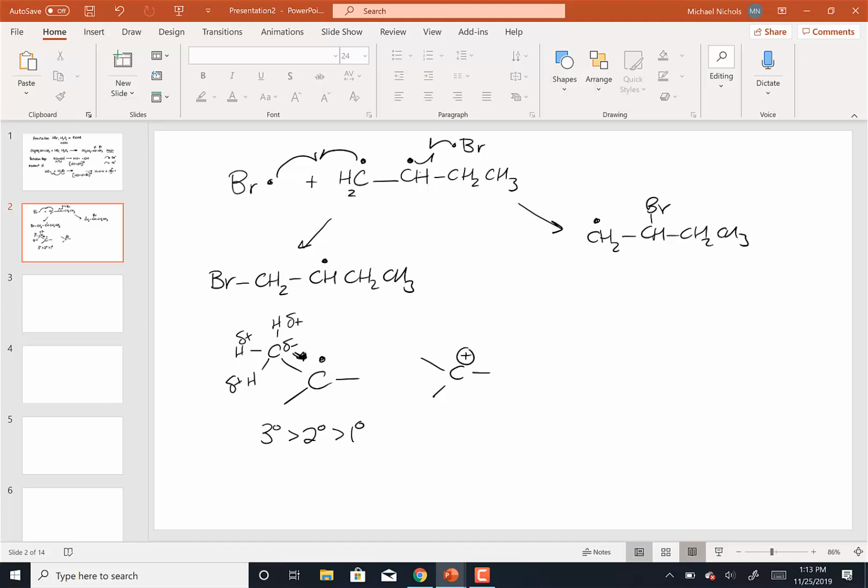They're not as stable as secondaries and tertiaries, but they are stable enough to form at room temperature. Whereas primary carbocations, no, you're not allowed to draw those. You are allowed to draw primary radicals. Okay. For the same reason as a carbocation, because the more alkyl groups, the more stable the radical is.